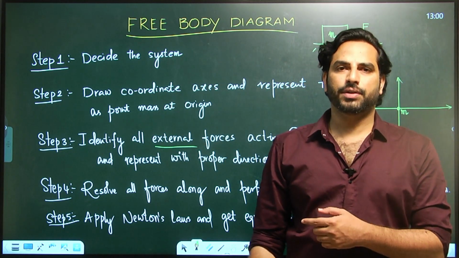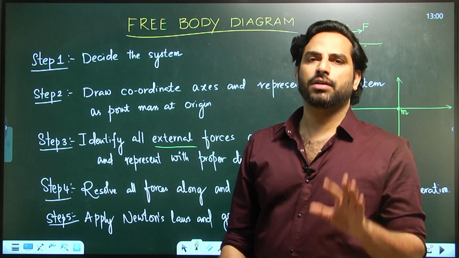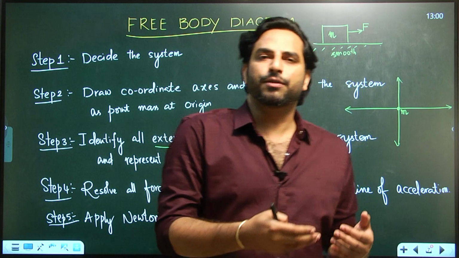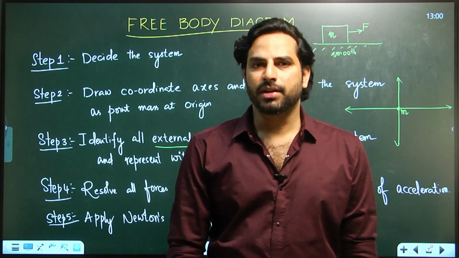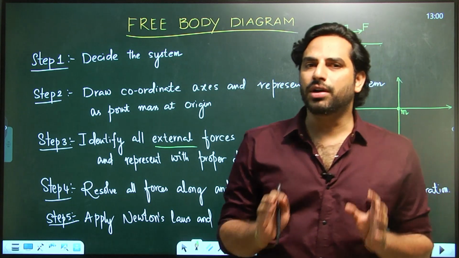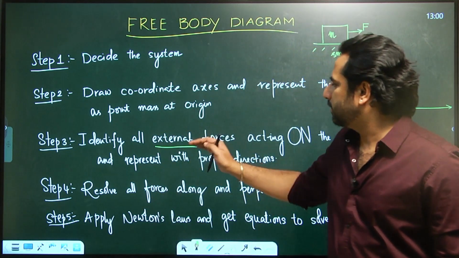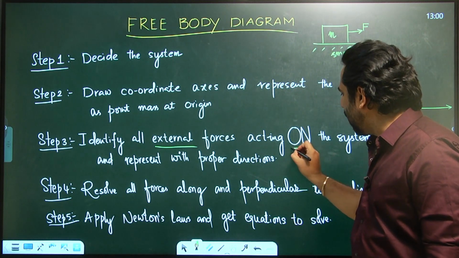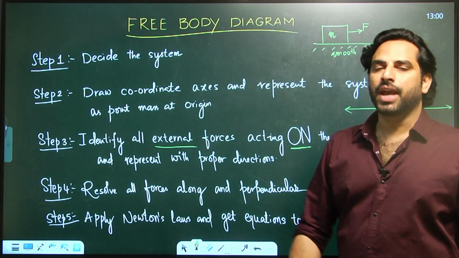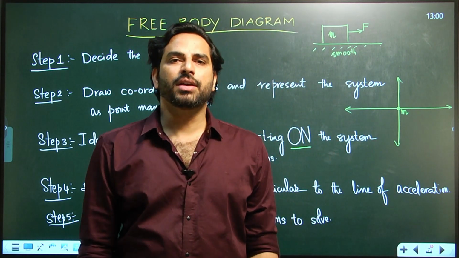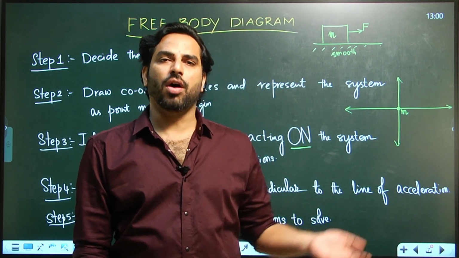This is to be observed. We are not bothered about the internal forces. When we choose a system, there can be several internal forces acting on the system, but as far as the free body diagram is concerned, we are only interested in the external forces acting on it. And that too, the keyword is on. There can be some forces applied by your system, and there can be some forces which are acting on the system.